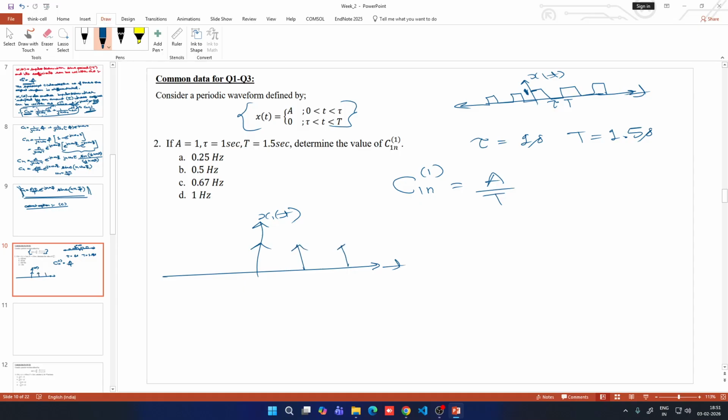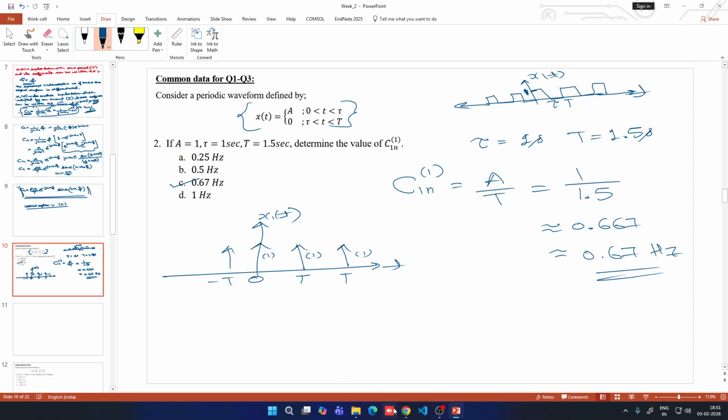Now it is a unit impulse train because this is 1, which is repeating after every time period T. And here, since A is given as 1 and the time period is given as 1.5, this is our c1n, and when we solve this, it comes around 0.667, or simply, because in the option it is given as 0.67, we can write this as 0.67 hertz. So the correct option is C.